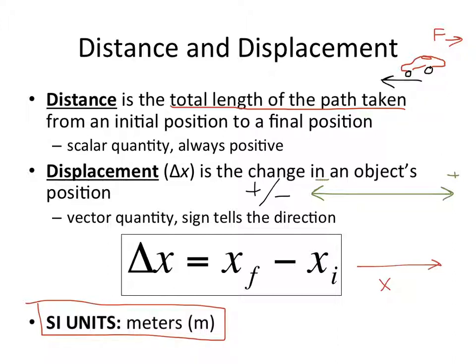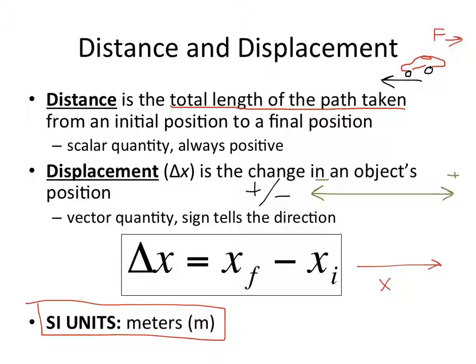And as I think I showed you before, this equation right here describes how much something changes position. This symbol right here, that Greek delta, means change in something.